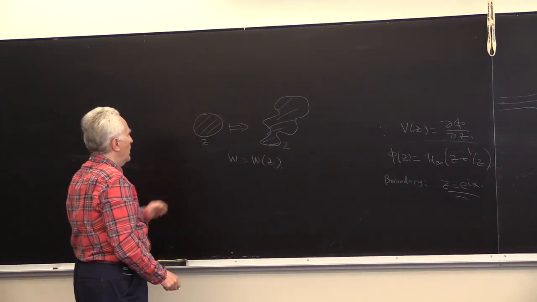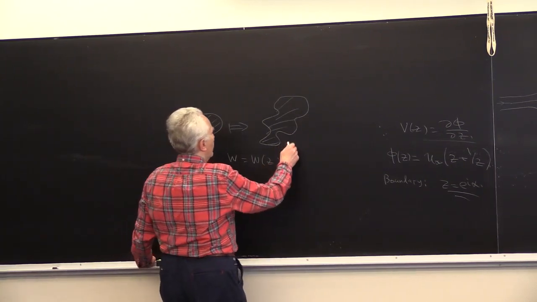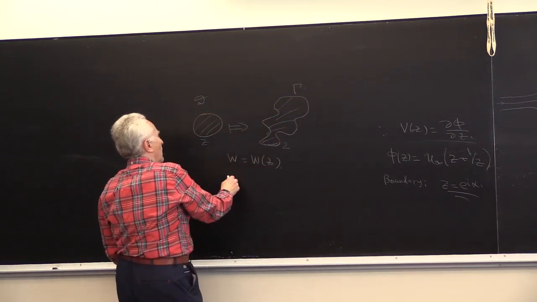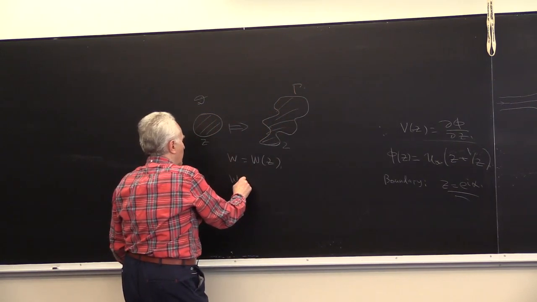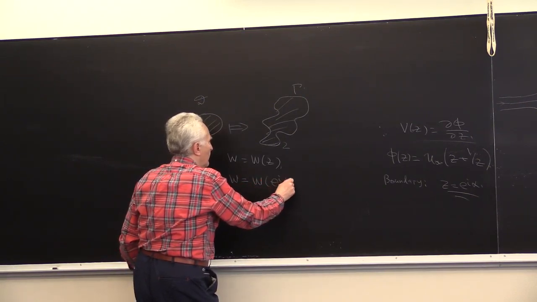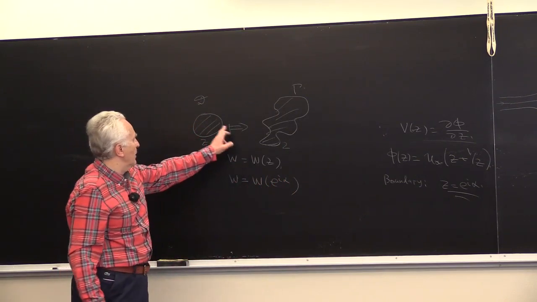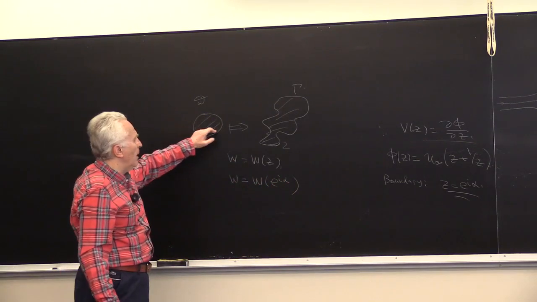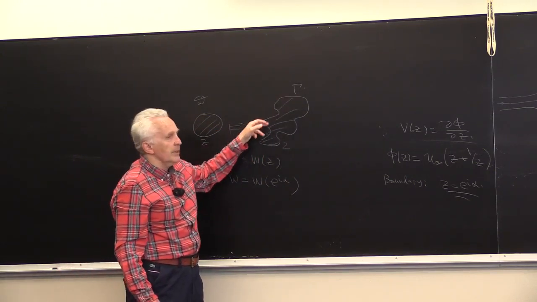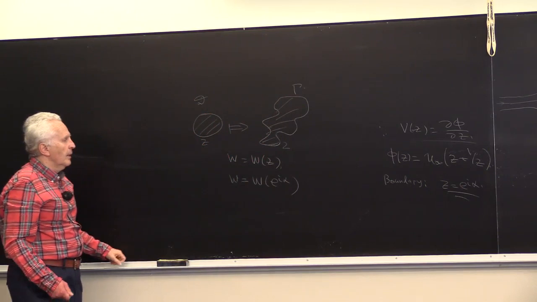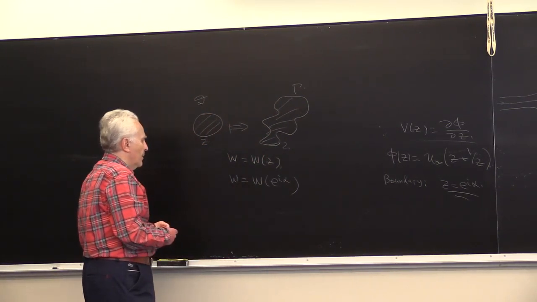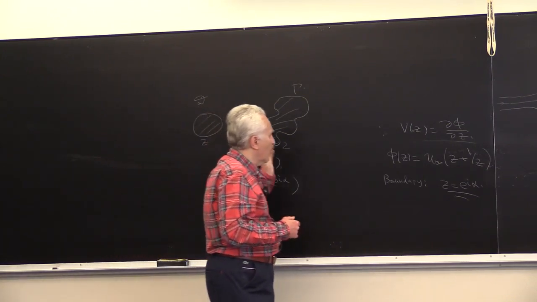And if we substitute, so if this is the disk and this is some region gamma, consider w of e to the i alpha, and alpha runs from 0 to 2 pi, then this complex variable runs around the given curve. As I said, I'm going to give you some relevant examples.